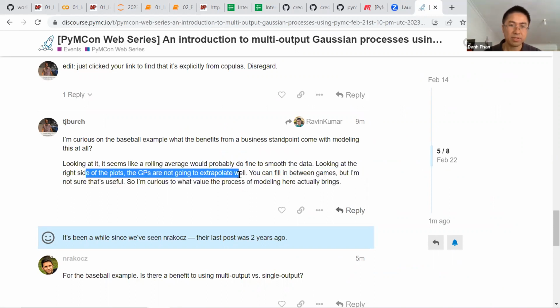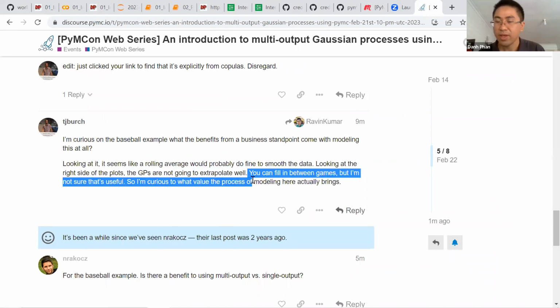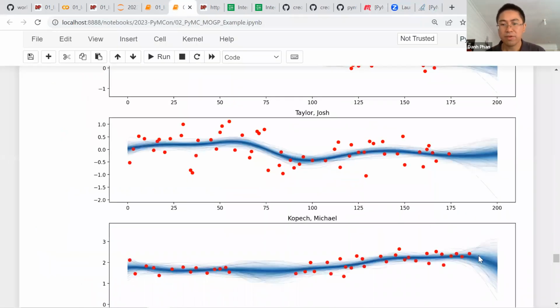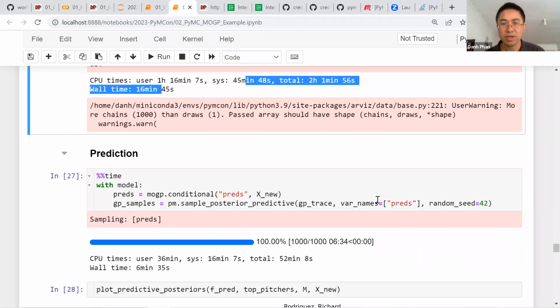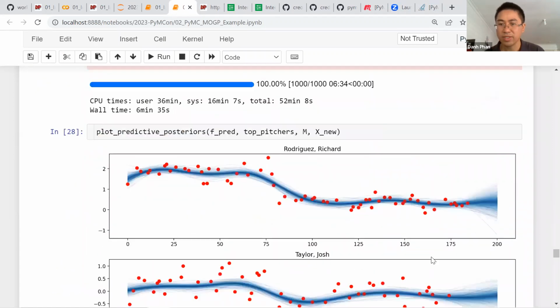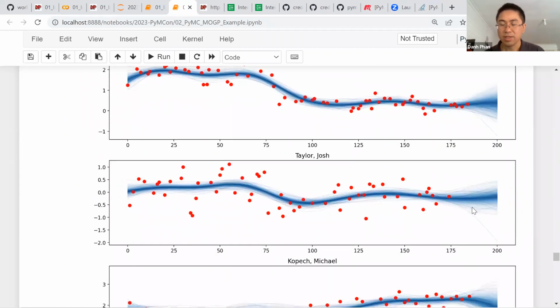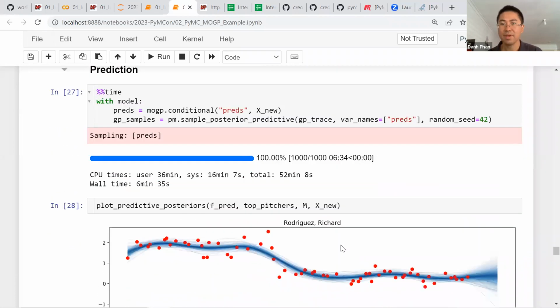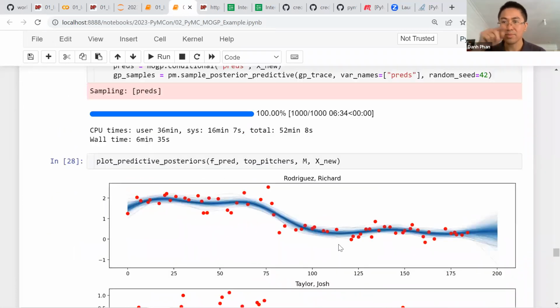The right side of the plot, the GP is not going to extrapolate well. That is a good point, because here we use our kernel as an exponential quadratic, and that kernel is a stationary kernel because we have x minus x prime squared, right?